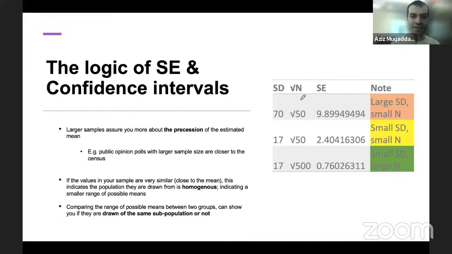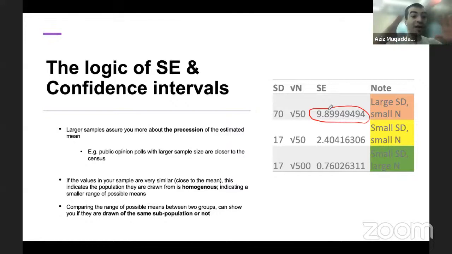And so you want your standard error to be smaller so the confidence interval could be more precise, right? And here you can see an example. The standard error comes from the standard deviation and the sample size. So if you have a larger standard deviation and a small sample size, you have a very large standard error.